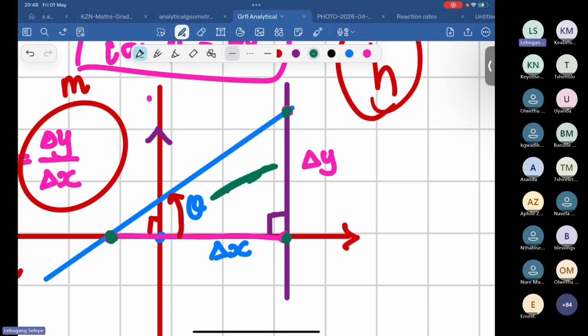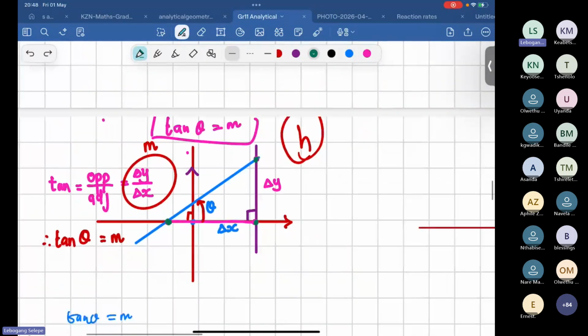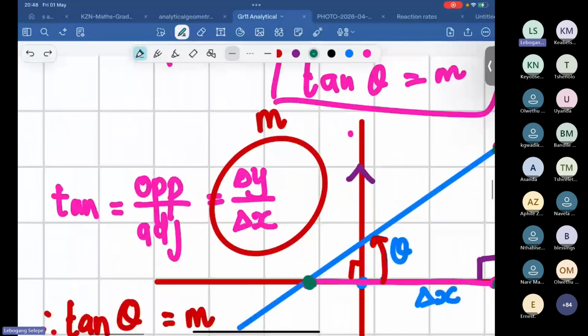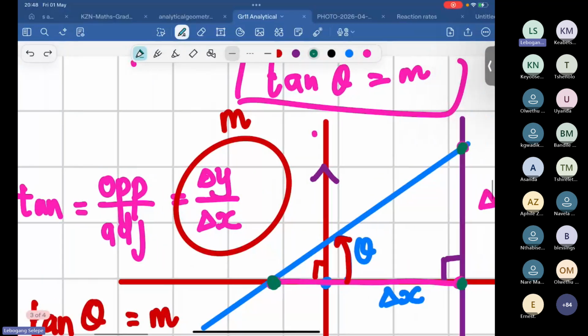And change in x is the adjacent, because the adjacent side is the side where the angle is sitting. So which ratio allows us to substitute an adjacent and an opposite? We said that is tan, because cos and sine need the hypotenuse. We don't have the hypotenuse on this diagram. We only have the adjacent and the opposite.